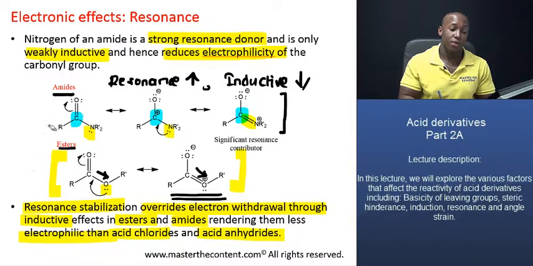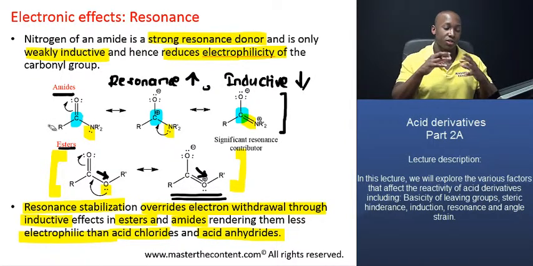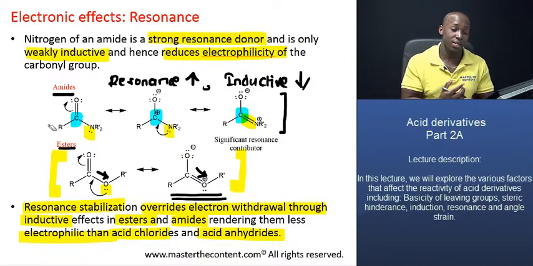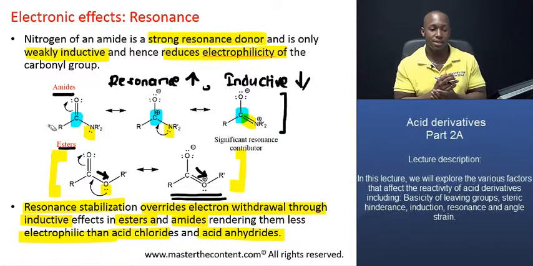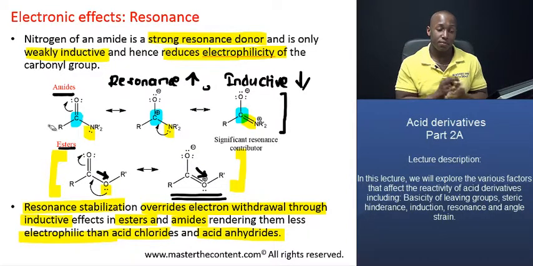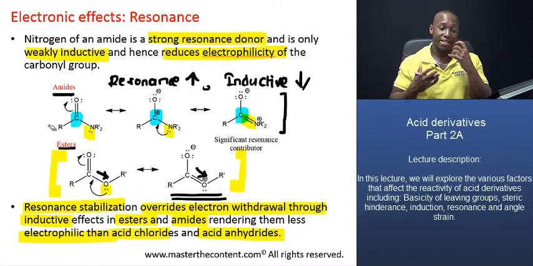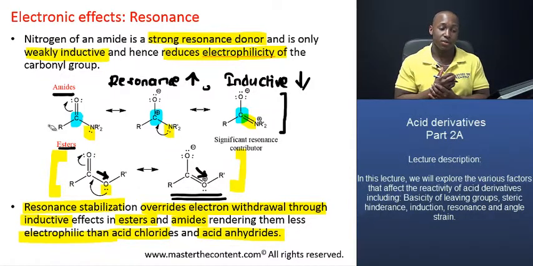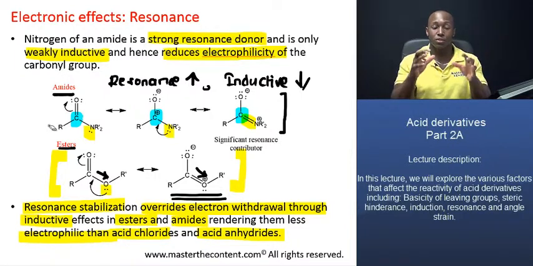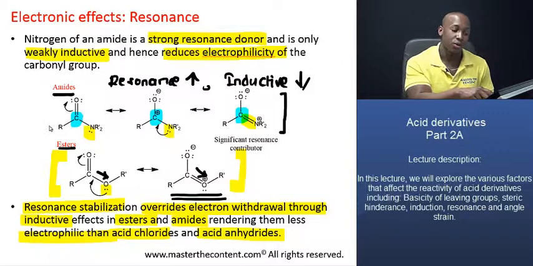Okay, so I hope you've completely understood what we've talked about. I know it's a lot to take in. Just sit there and internalize these concepts, and the take-home message in this case is that resonance will decrease reactivity by electron delocalization, and induction will actually increase reactivity by inductive electron withdrawal, right? So the degree to which those two forces are operating in each of these derivatives is what determines their overall rate of reaction.